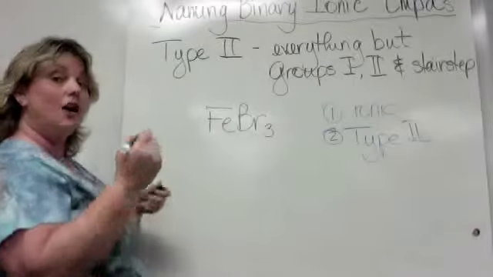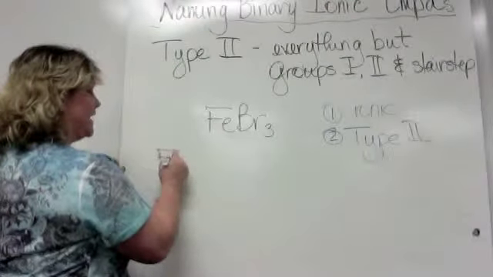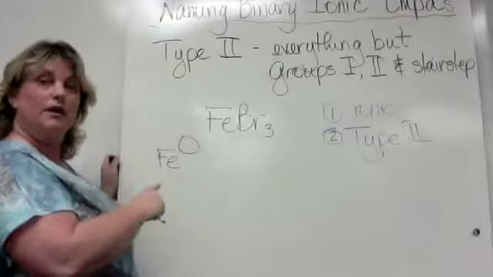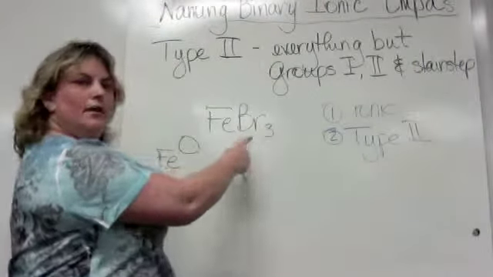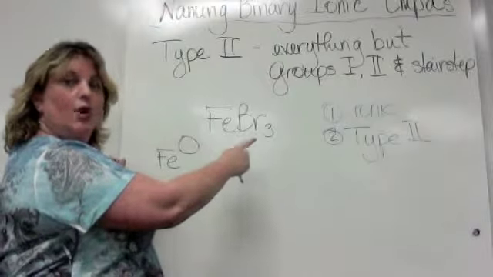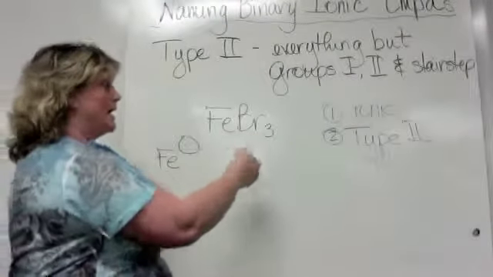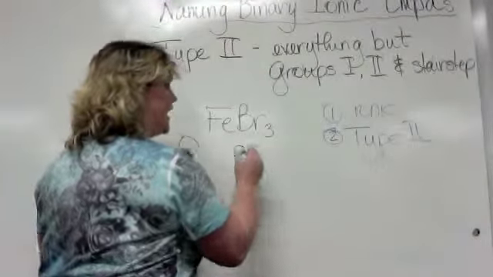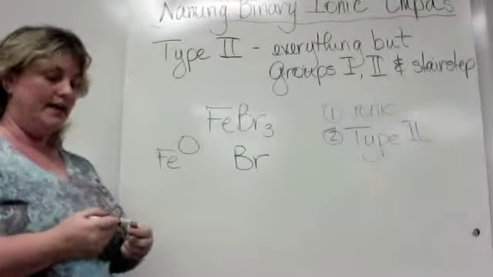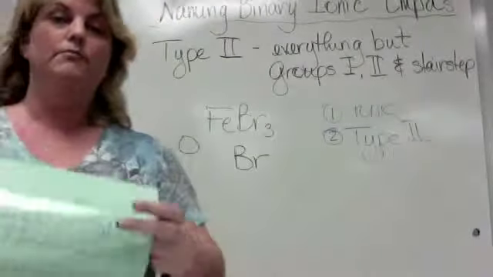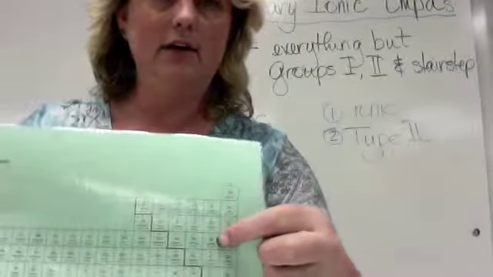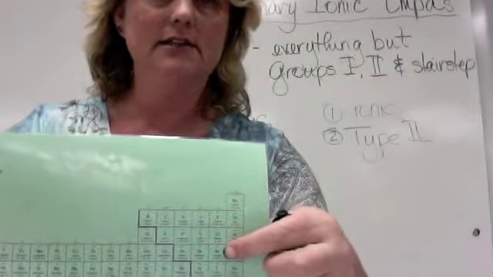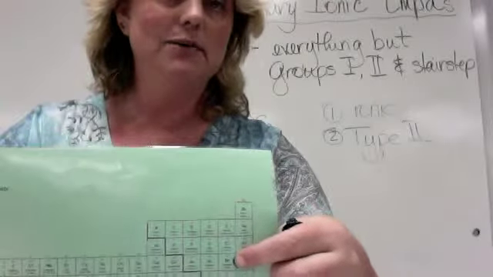So what I know is that my iron has some unknown charge, but it's partnered over here with 3 bromide ions. And what is the charge on a bromide ion? Well, bromide ion comes from bromine over here in the halogens, so it has a -1 charge.